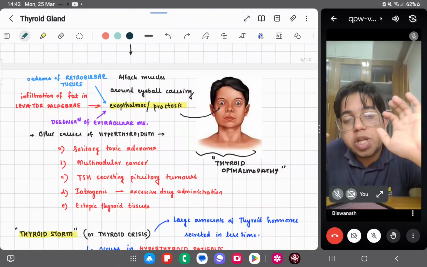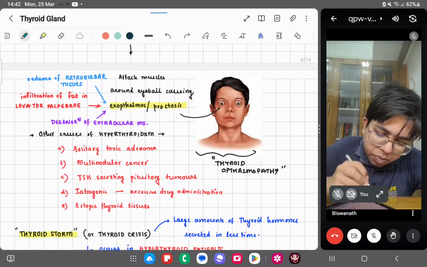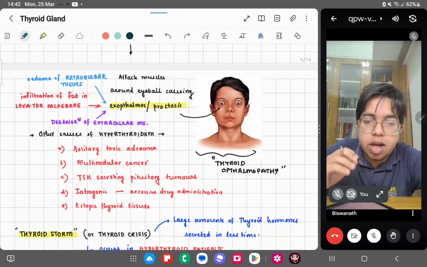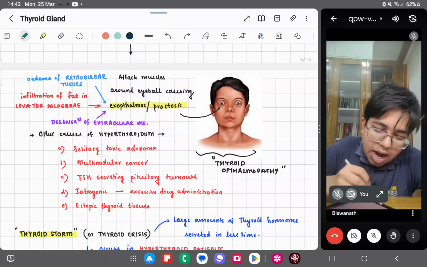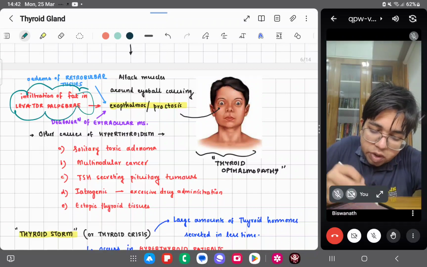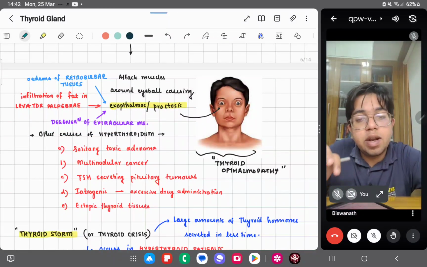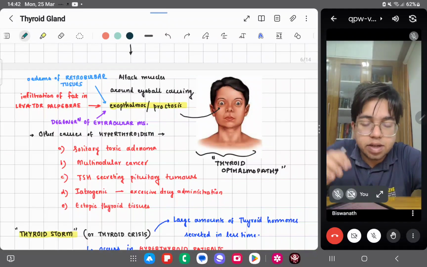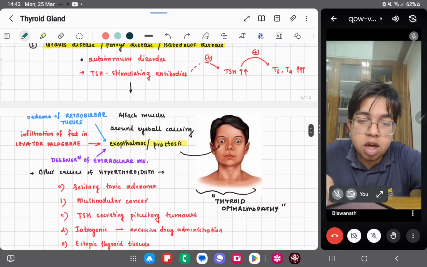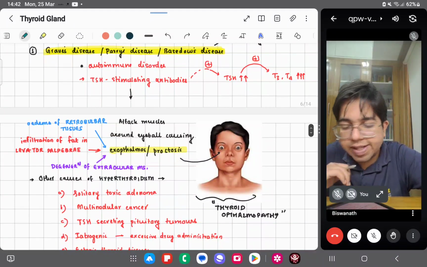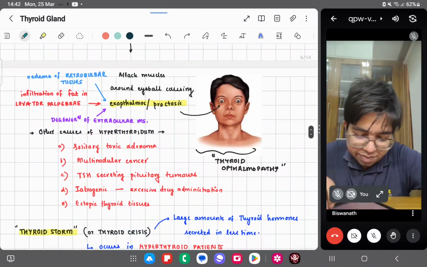There is edema of retro-orbital tissues present behind the eyeball, which will push the eyeball outside, and there will be infiltration of fat and degeneration of extraocular muscles, which will bring out your eye like this. You must have seen the meme Momo, the scary creature like that.